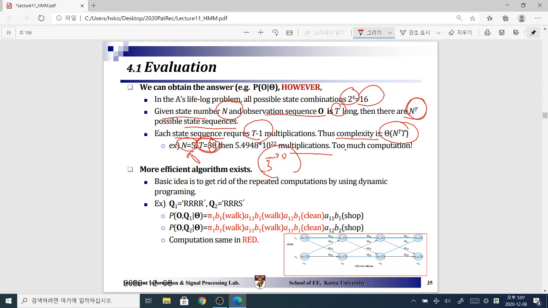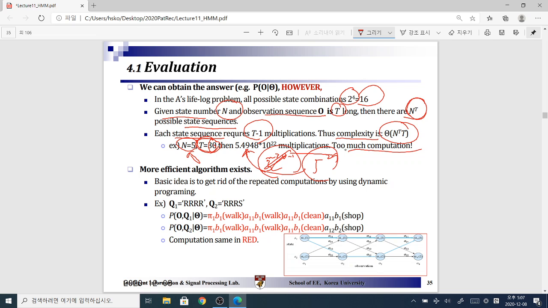And this is going to be, well, actually 30 minus 1, so this is going to be 5 to the 29th power. So this is going to be a huge number of multiplications. Just too many computations.